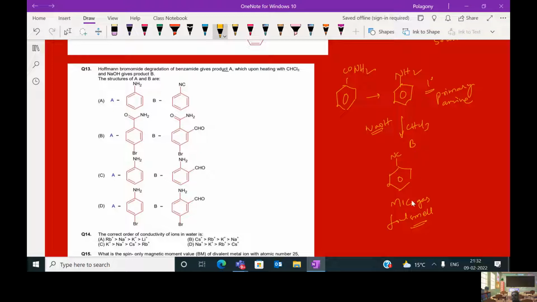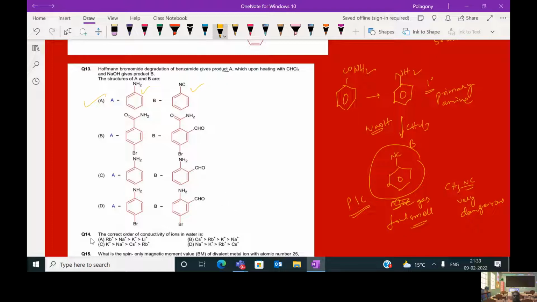MIC gas is methyl isocyanate, CH3NC, which is very dangerous. Phenyl isocyanide is similar and also dangerous. So this is the structure we get. Here, what options are there? Aniline is right, isocyanide is right. A is the right answer we can give.